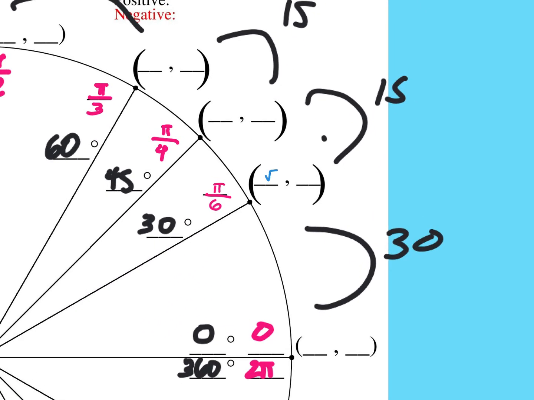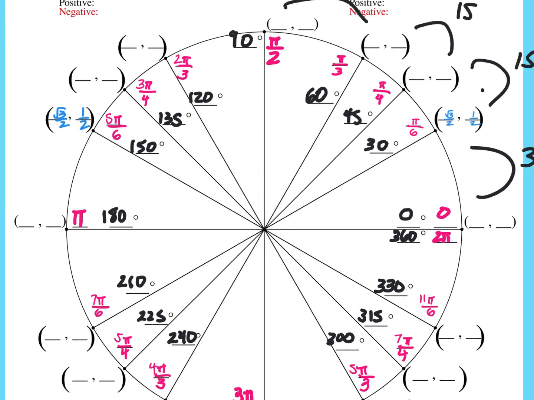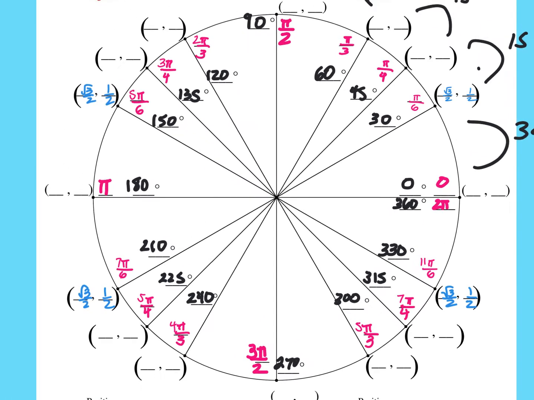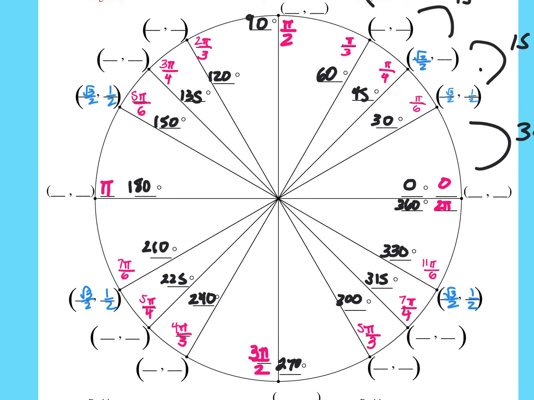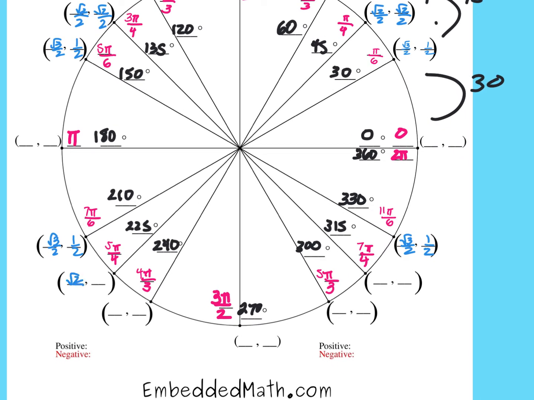So this is root 3 over 2 and 1/2, for each of the over 6s. Then the over 4s are root 2 over 2, root 2 over 2, all the way around.